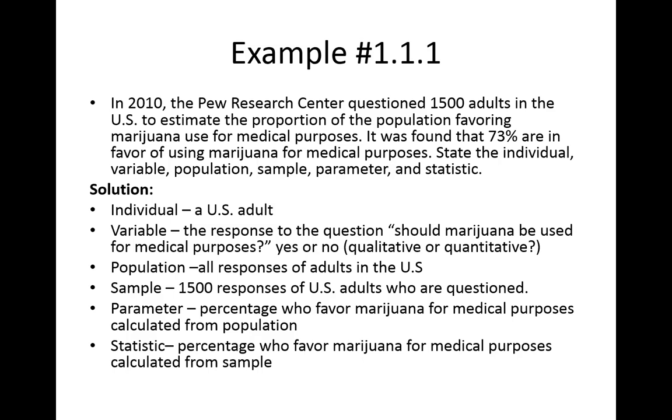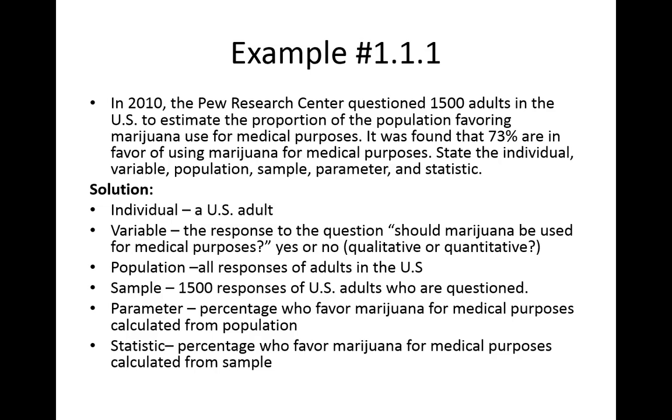Okay, so the variable is qualitative, and it's a yes or a no. The individual then has to be the U.S. adult that we're going to be asking the question, do you favor marijuana usage for medical purposes? That's who we want to get the yes or no from.